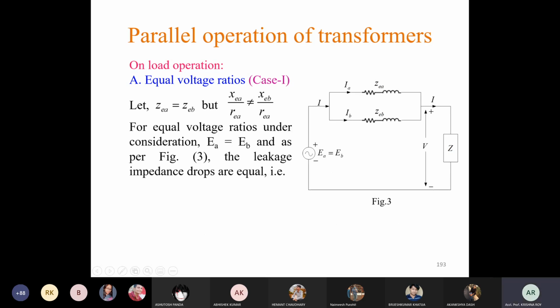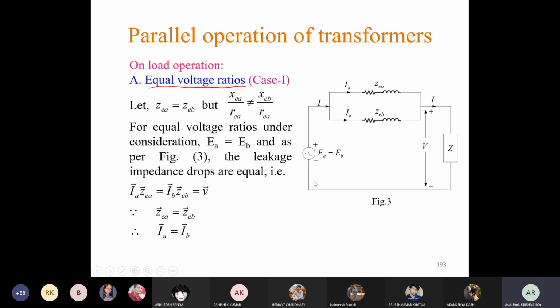Now, as per our first assumption, that is equal voltage ratio, this EA and EB both are equal, and since the leakage impedance drops are also equal, we can write IA ZEA equals IB ZEB, that means the voltage drops are equal, therefore the leakage impedances are equal, which means the currents are equal.